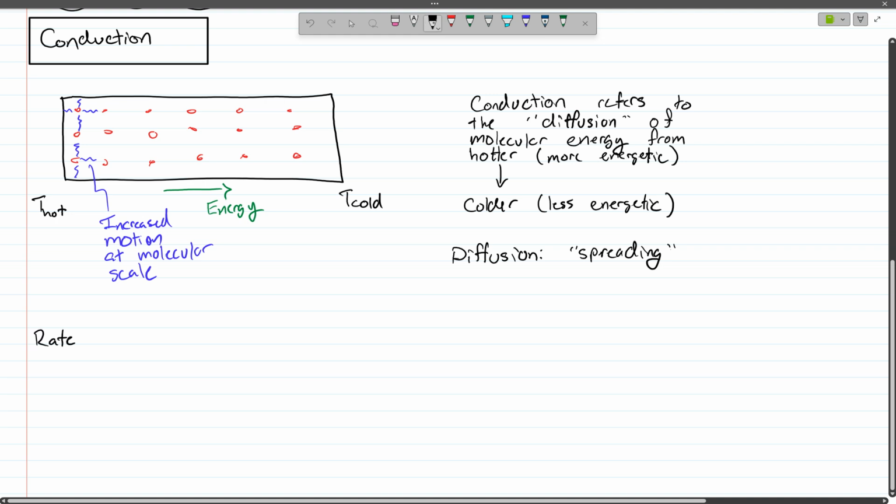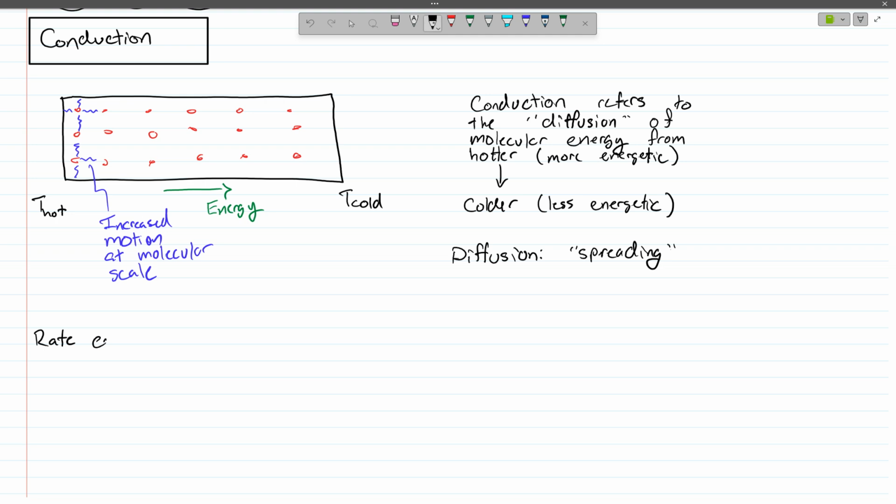And the actual description of this diffusive process, right, is given by the associated rate equation, which is called Fourier's law.